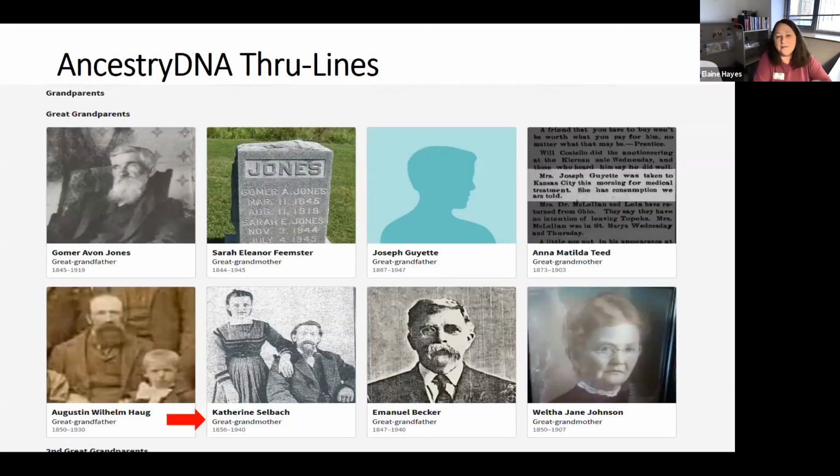Okay, and there was also the ancestry through lines. These pictures all come from my family tree, but these are my great grandparents. And I just wanted to look at who I have common ancestors with, Catherine Selbeck.